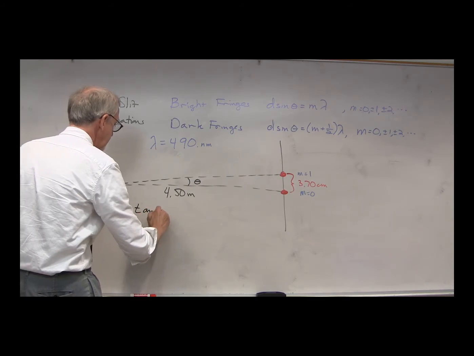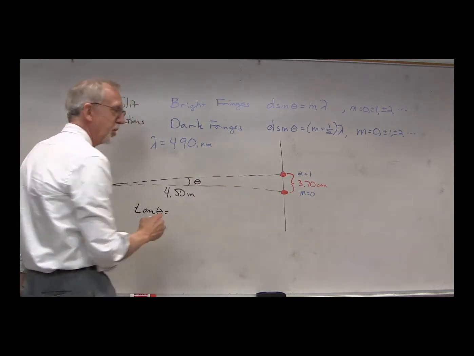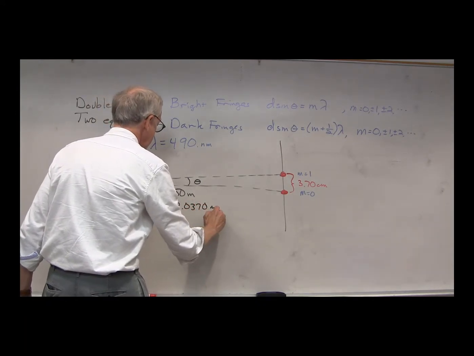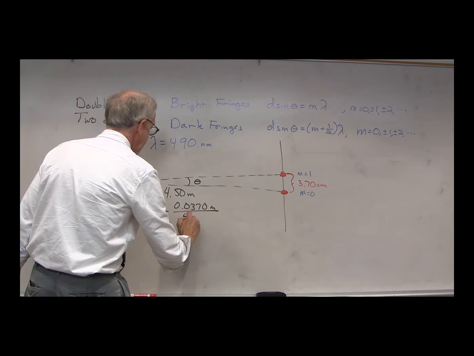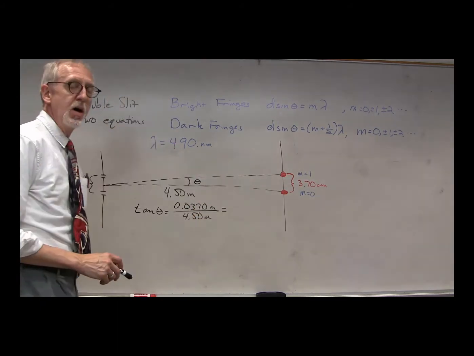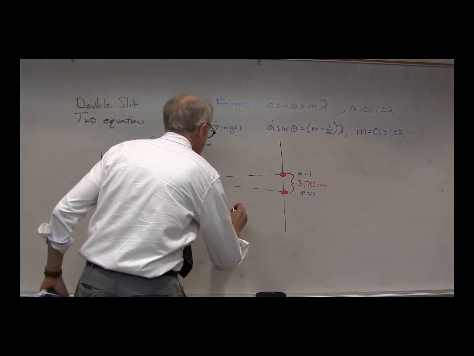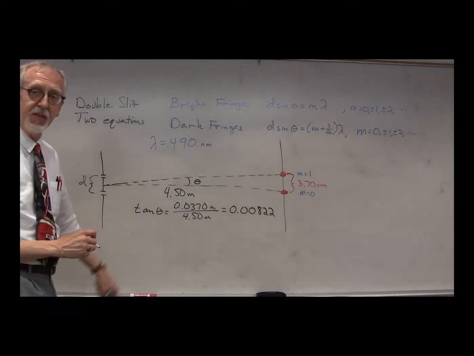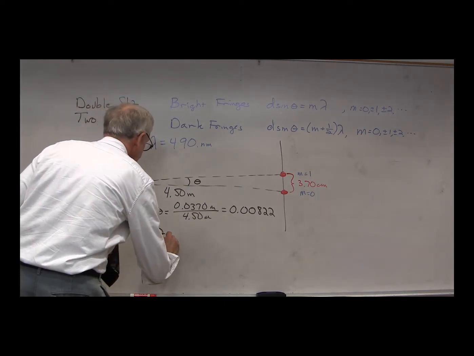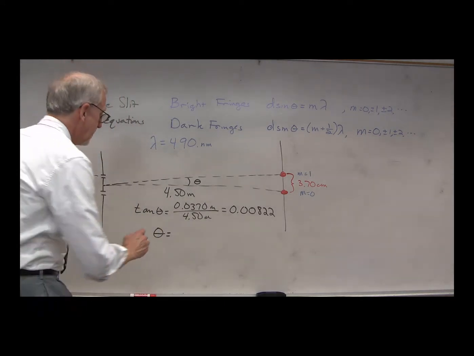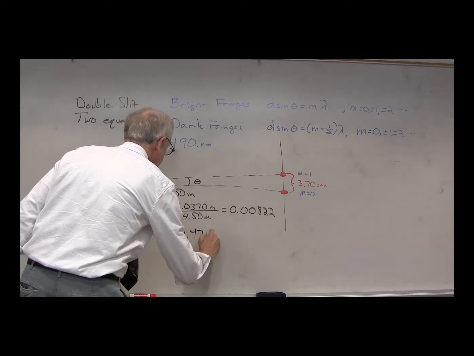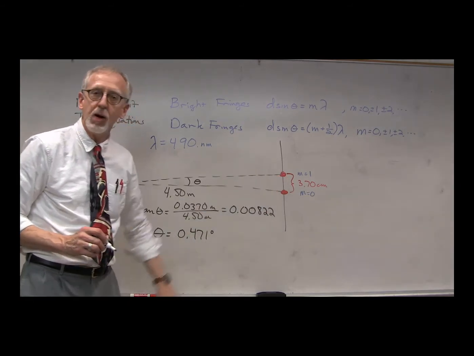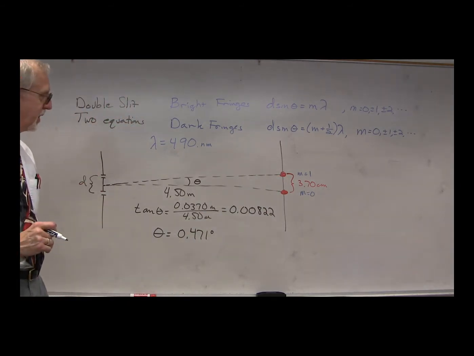Tan theta is equal to opposite over adjacent, putting both of these in meters, 0.0370 meters over 4.5 meters. Dividing that out, we get 0.00822. Taking the inverse tan, we find that theta is equal to 0.471 degrees. So that's the angular position of our m equals 1 bright fringe, measured from the principal axis, the central axis.